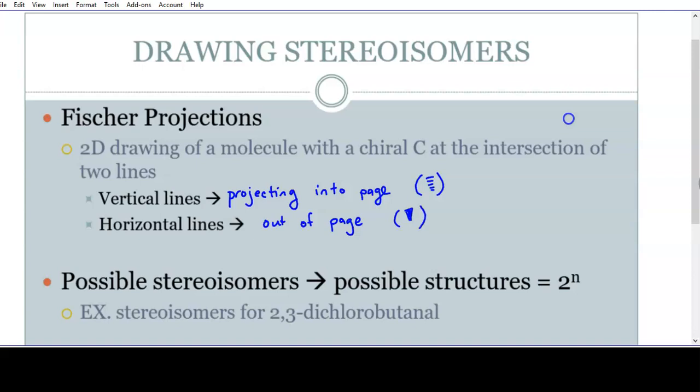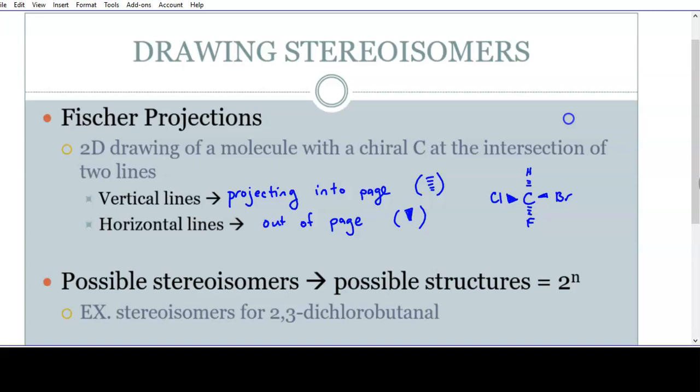Okay, so for example, and then we'll do that example at the bottom there. We have something like this. So here's our molecule, and you can see some of them are projecting out of the page, some of them are projecting into the page.